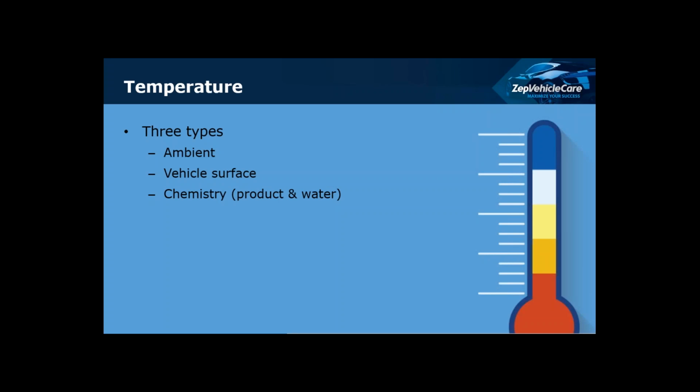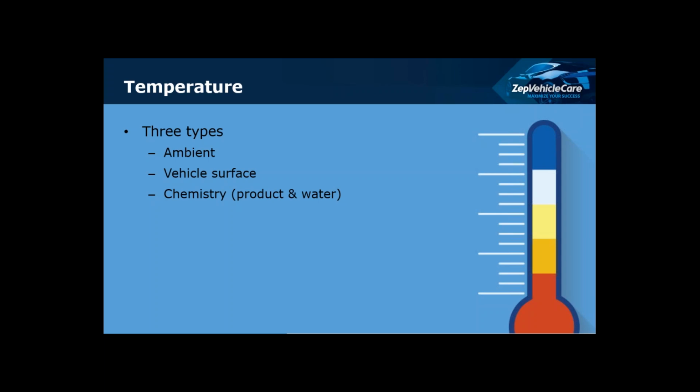We look at 3 different types of temperature. We look at the ambient temperature, which is the air temperature outside. We also look at the surface temperature of the vehicle, whether it's a cold day or a hot August day and the temperature of the car is up in the 150, 200, 250 degree range.